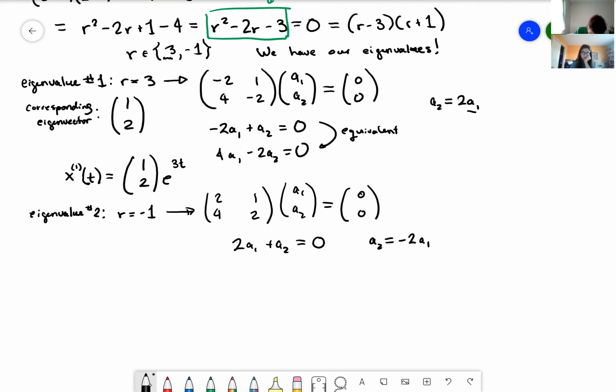So we can pick our corresponding eigenvector. I'm going to choose 1 for A1, and that becomes negative 2 for A2. And so our second solution, x2, is (1, -2) e to the minus t.